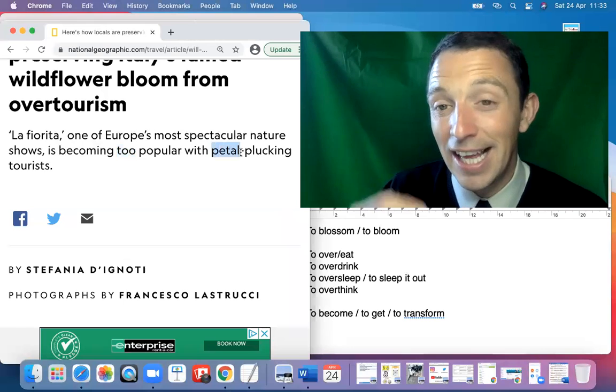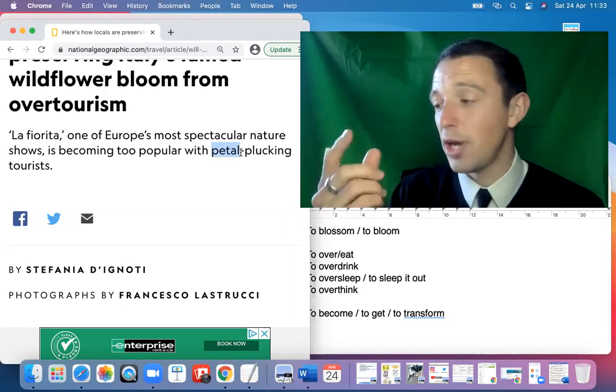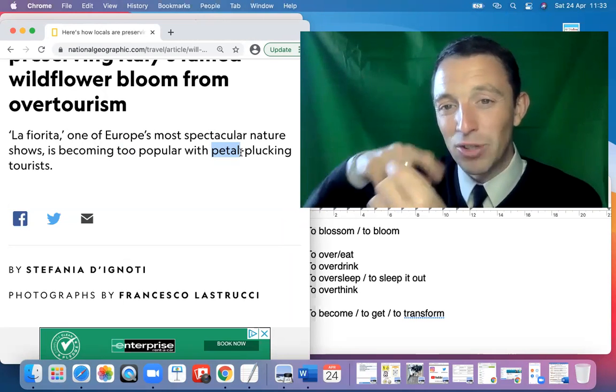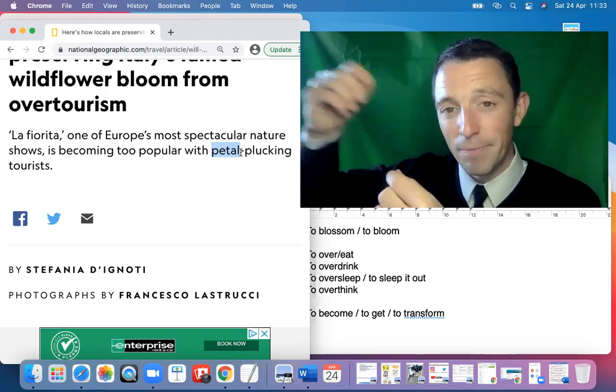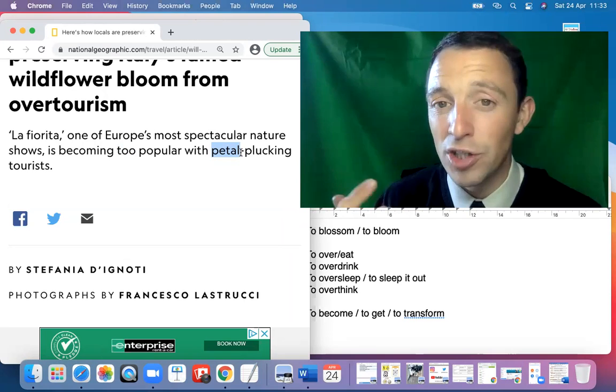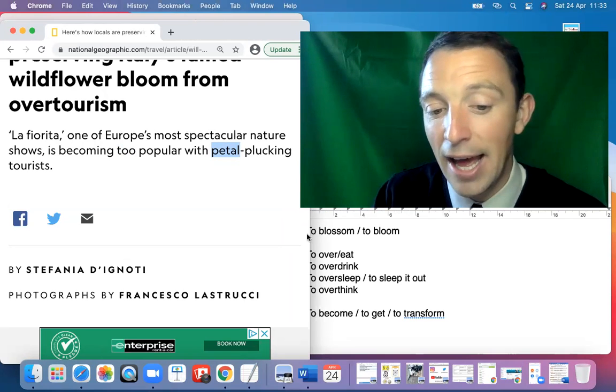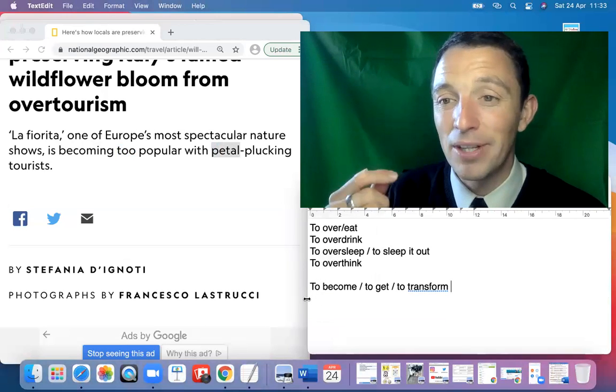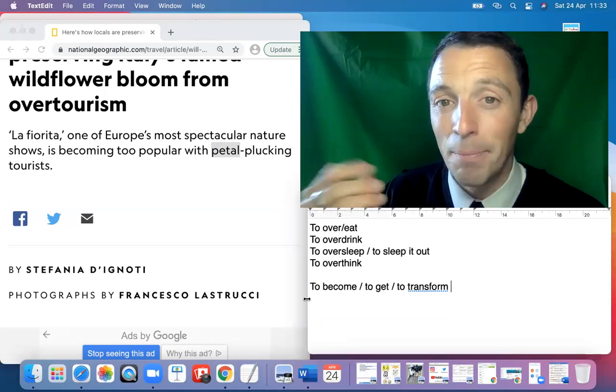Very specific vocabulary. A petal is a part of the flower. So you have the flower and you have the center of the flower, but the petal is the outside of the flower that you take. Okay, so this is the petal. Also, in relation to affection, in relation to somebody that you love, it's very typical to say my dear, my darling, my petal.